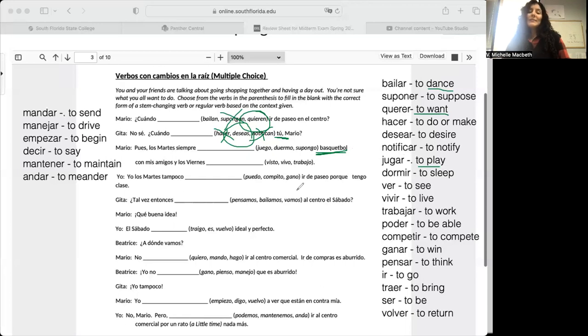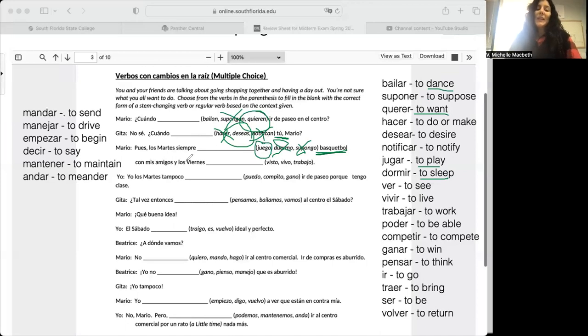Or would we dormir basketball, which is to sleep? Or would we suponer, suppose basketball? It feels unlikely that we would suppose basketball. That one doesn't even make any sense. We can't sleep basketball either. But we can play basketball. So it has to be jugar, right?